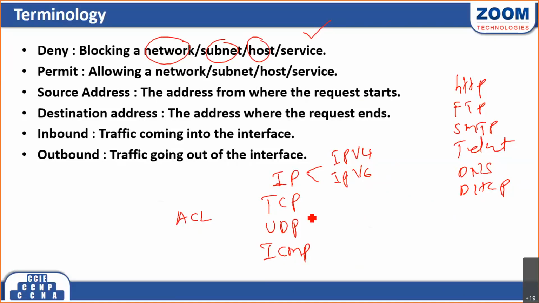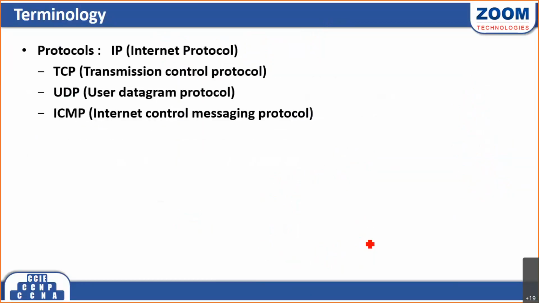That also utilizes some bandwidth, right? That ping should also not happen. If you want to block that ping request, then you can go with ICMP. ICMP is ping traffic actually. So ACL can filter IP, TCP, UDP, and ICMP traffic.